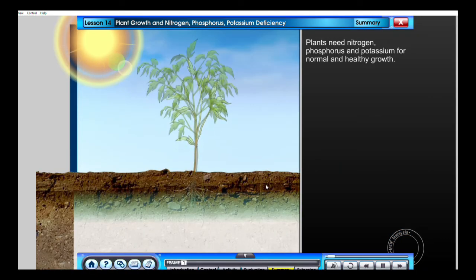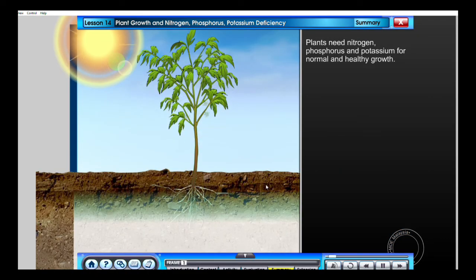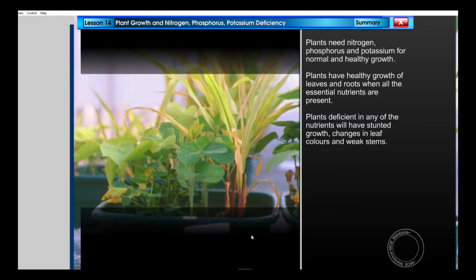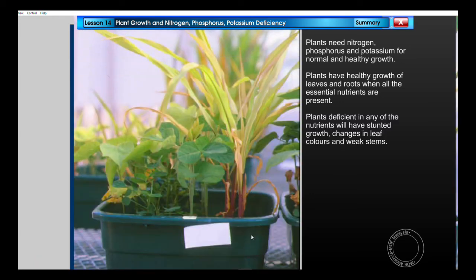Plants need nitrogen, phosphorus, and potassium for normal and healthy growth. Plants have healthy growth of leaves and roots when all the essential nutrients are present. Plants deficient in any of the nutrients will have stunted growth, changes in leaf colors, and weak stems.